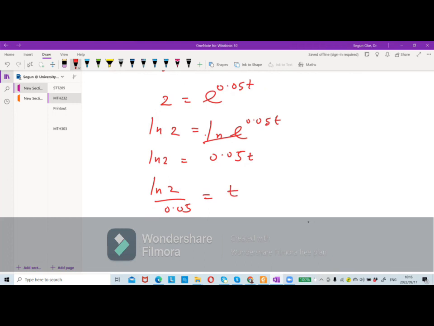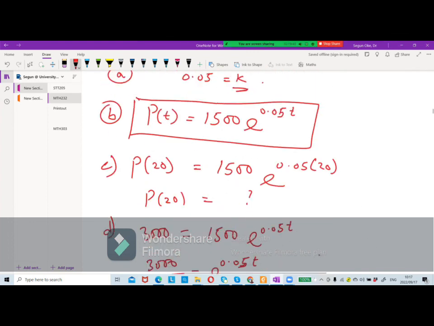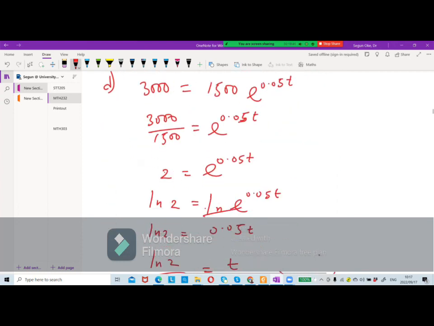When you do it very well, t will be approximately 14 years. So the answer for 20 years is 4,077. Okay, in 20 years.